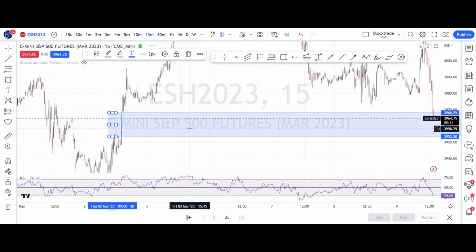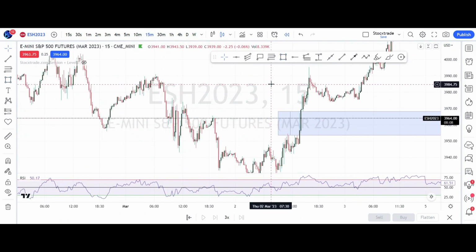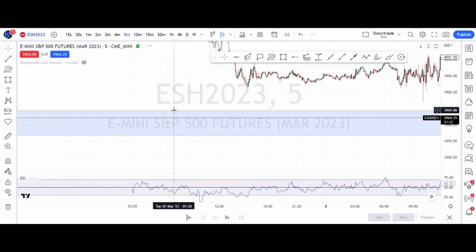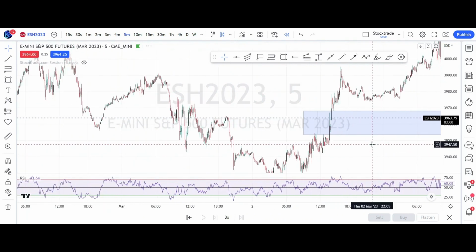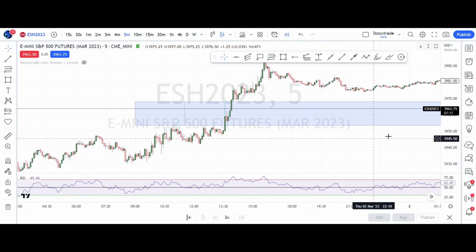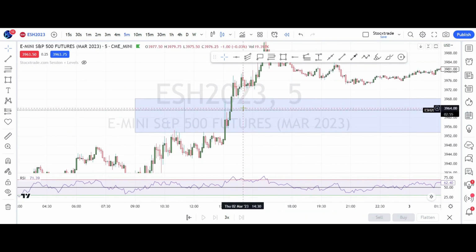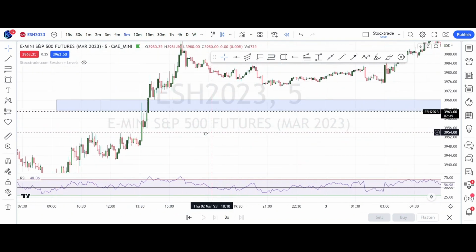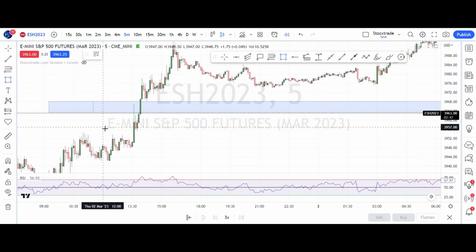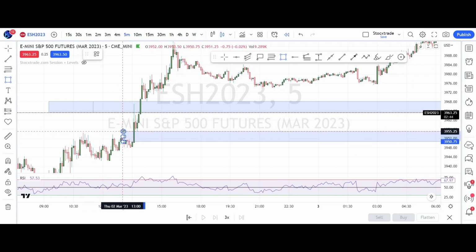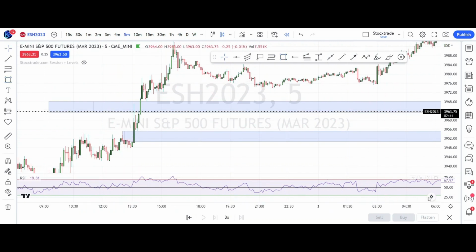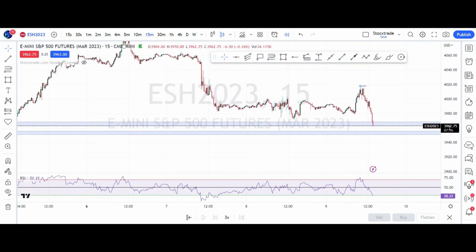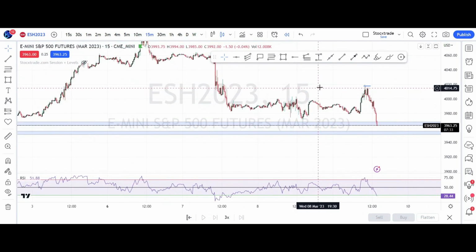So if I mark in 15 minutes, okay, 5 minutes here, you have a gap here, and another gap here. So I want to see if I am getting any Fibonacci level here, like 150% or 161.8%.